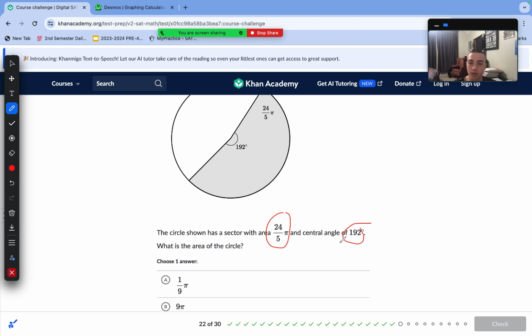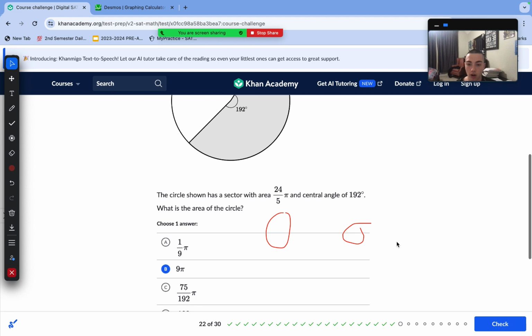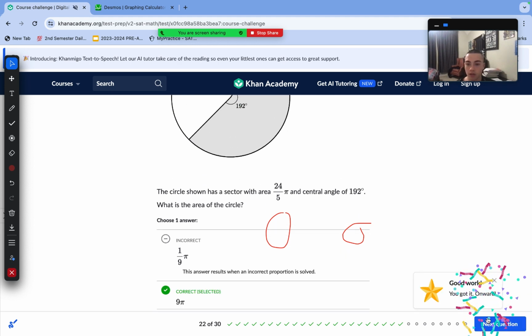So we are actually going to take 360 and divide it by 192, so that's 1.875, and that is the factor that we are going to multiply 24 over 5 pi by to get the area of the actual circle compared to the area of just a sector. So 1.875 times 24 over 5 is equal to 9, so the area of the circle is just 9 pi, or answer choice B here.